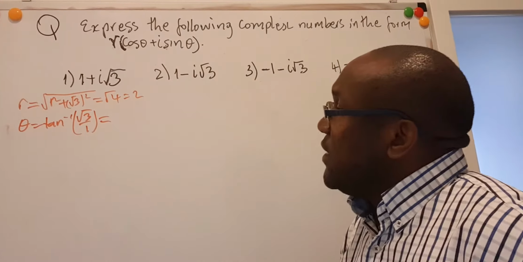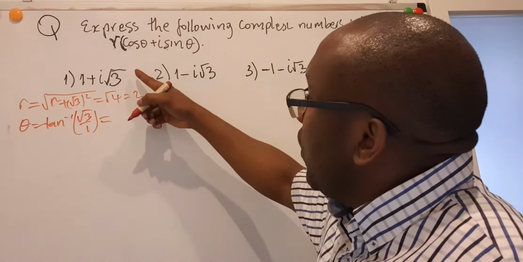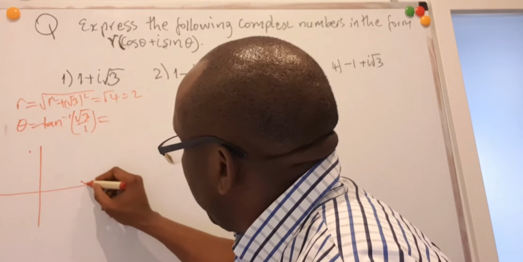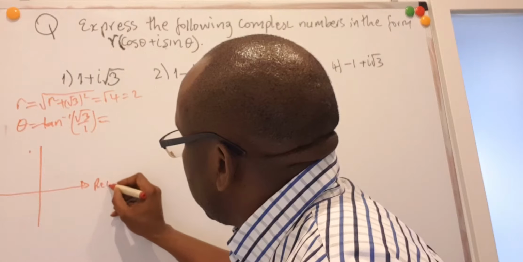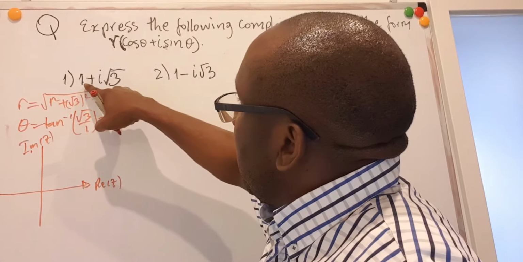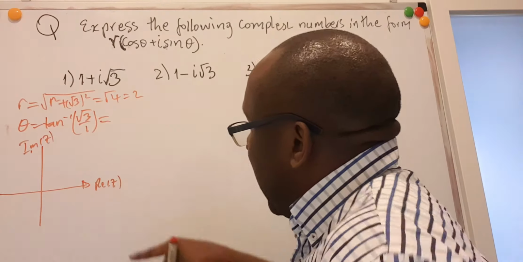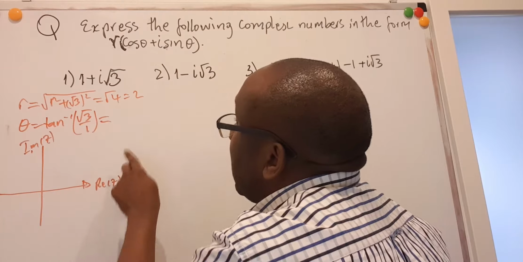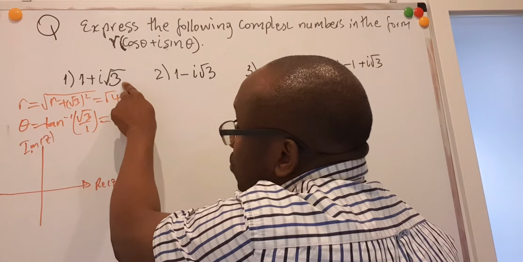But before you write that answer, you have to ask yourself, in which quadrant is this? I'll try to indicate here. This is the real z and this is the imaginary z. 1 is positive, so we are in the positive axis of the real z. The imaginary part is also positive, root 3, so we are also there.